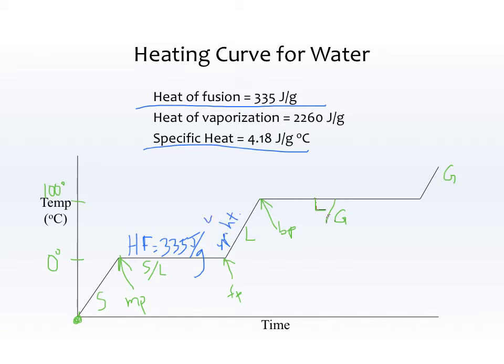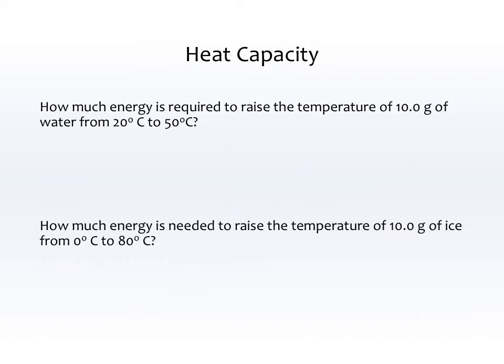That's 4.18 joules per gram degree C. And then once it's boiling, then it's vaporizing. That'll be along the liquid-gas line. HV is 2260 joules per gram. Again, this whole chart should look really familiar from Chem 1. So let's start just working these example problems.